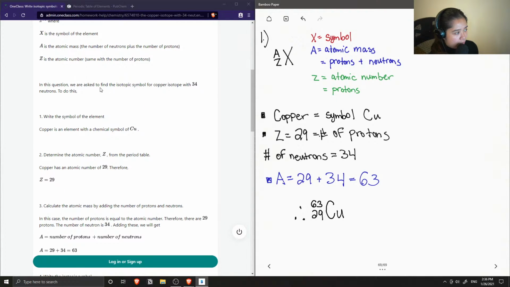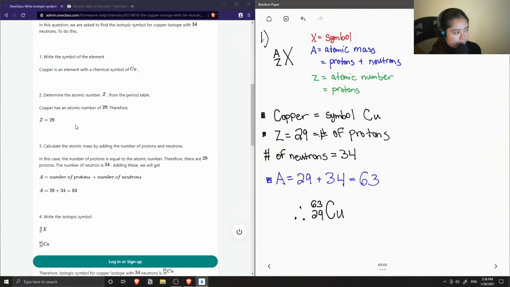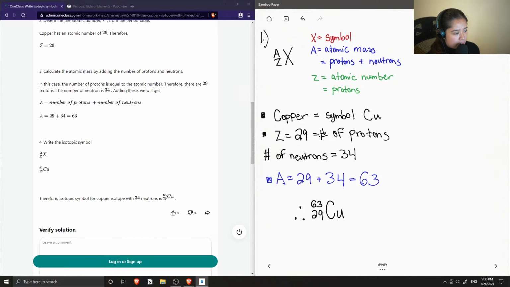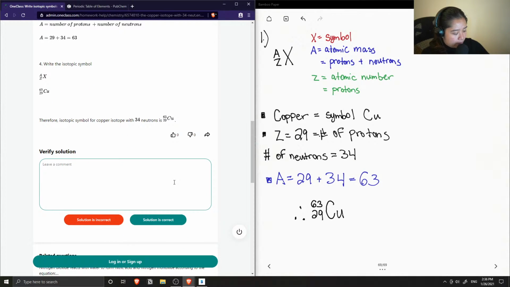In this question, we are asked to find the isotopic symbol for copper with 34 neutrons. So first they wrote out the symbol, and they found the atomic number from the periodic table, which was 29. And finally, they calculated the atomic mass by adding 29 and 34 to get 63. So they got the same answer, and this solution is correct.